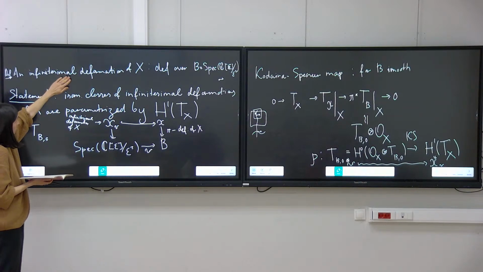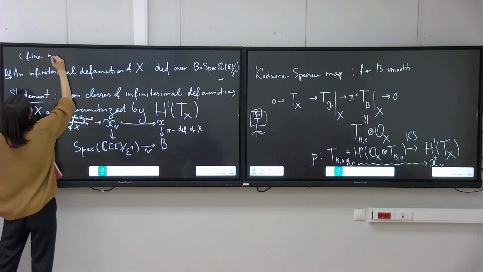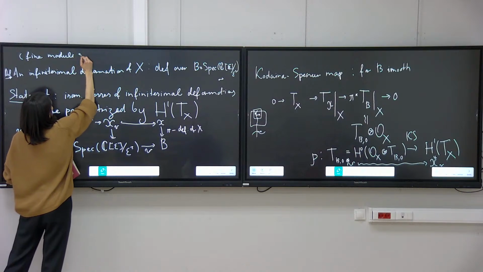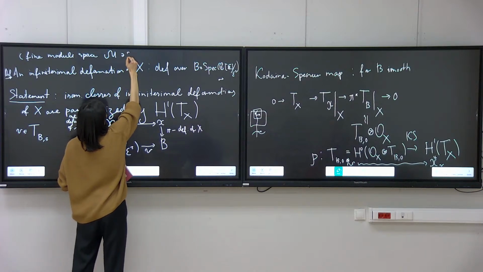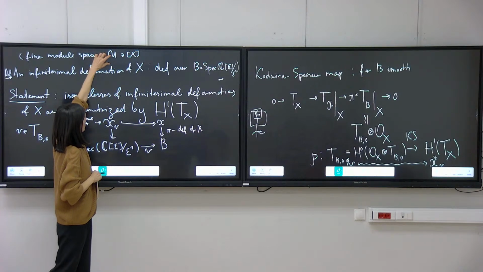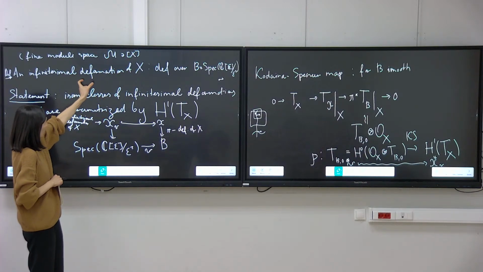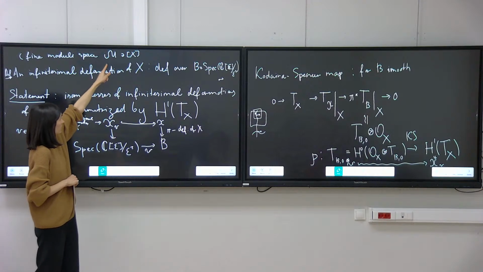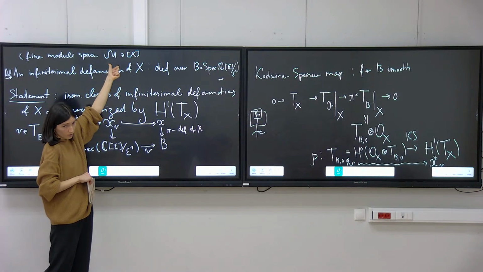Because usually, if we have some fine moduli space that parameterizes some sort of objects, and x is a point in this moduli space, then infinitesimal deformations of x usually are exactly the tangent space to x in this moduli space.